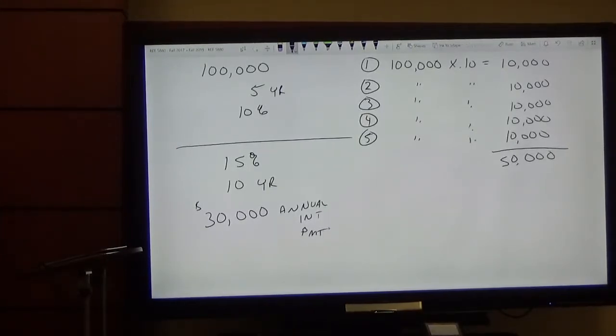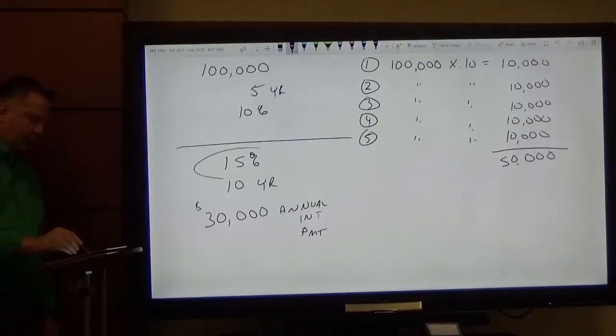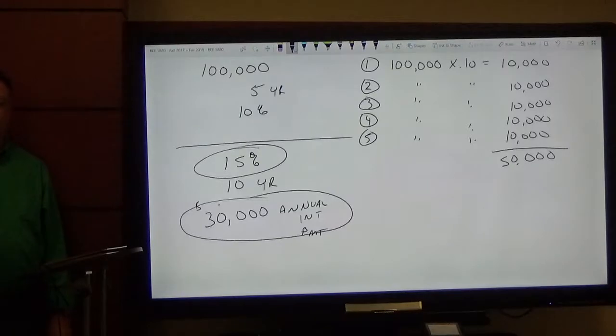Because with an interest-only mortgage, the only two things that you would need to know to be able to calculate the value of the mortgage is the interest rate and the payment. The term is irrelevant for an interest-only mortgage to calculate if we're working backwards.